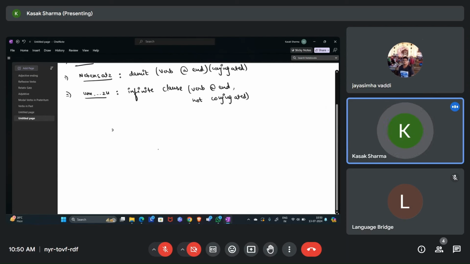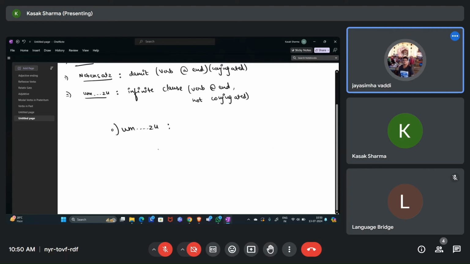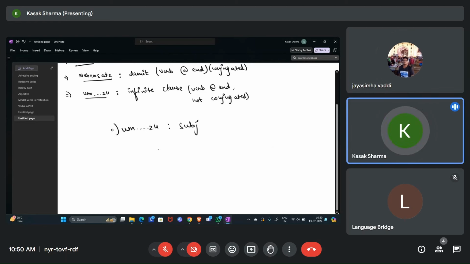Now a small difference. With um zu, the subject is the same, as in the subject in the first sentence and the subject in the second sentence is the same. In damit, the subject can be the same or different.